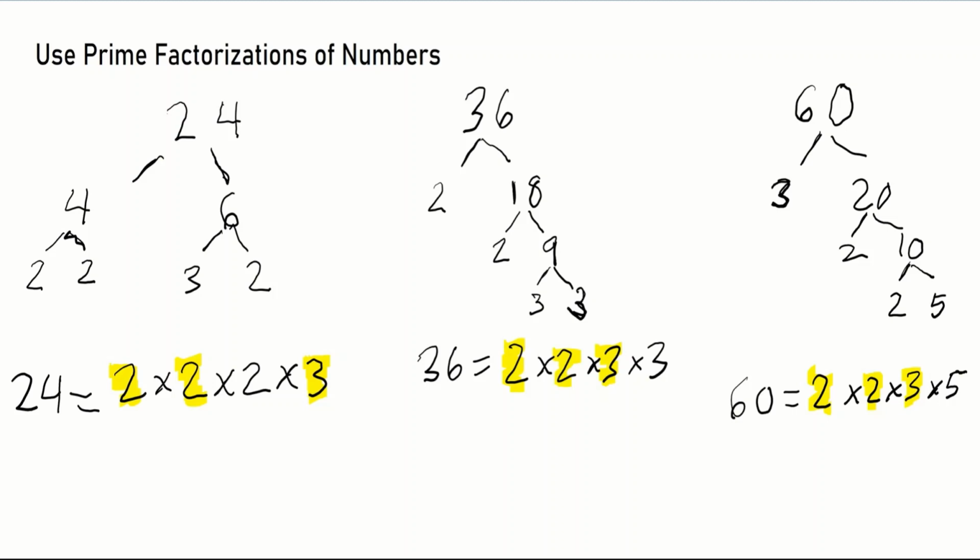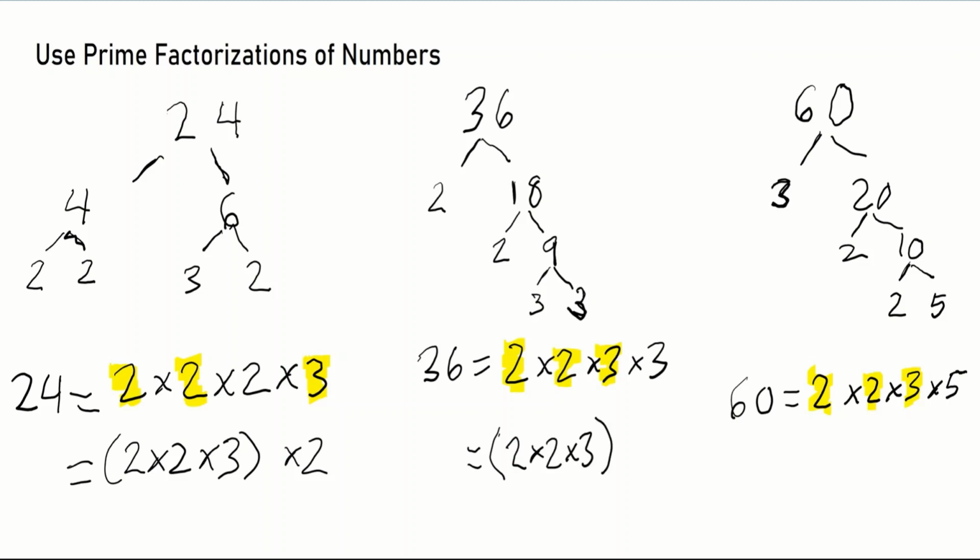Which means you could write 24 as, in parentheses, 2 times 2 times 3, times 2. 36 would equal, as we can already see, 2 times 2 times 3 in parentheses, with this quantity multiplied by 3.